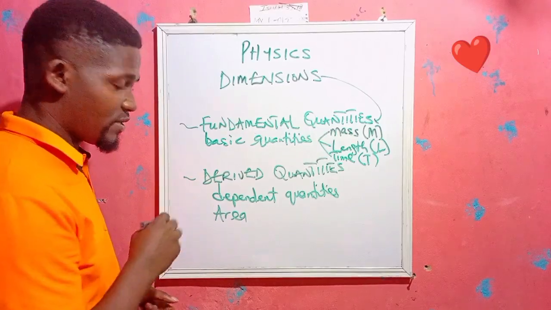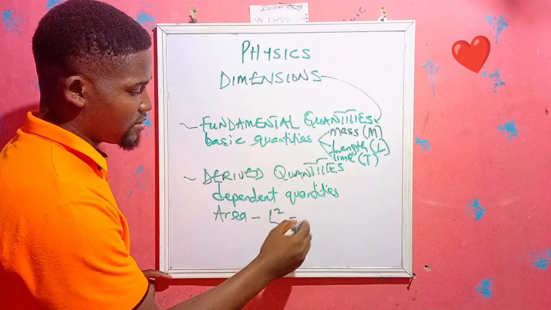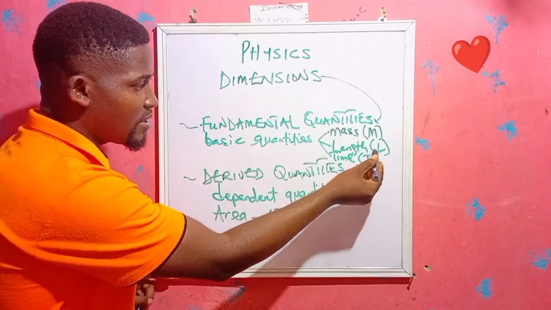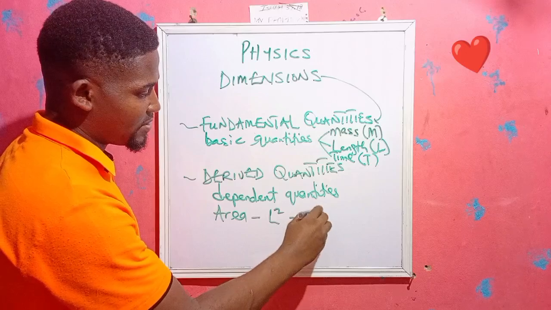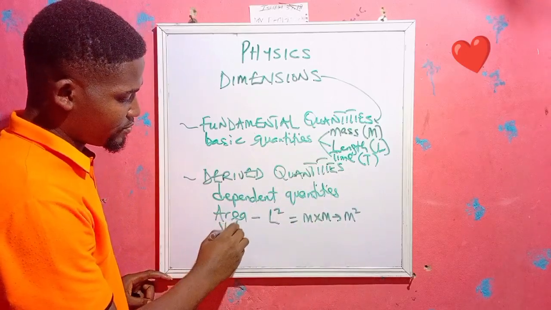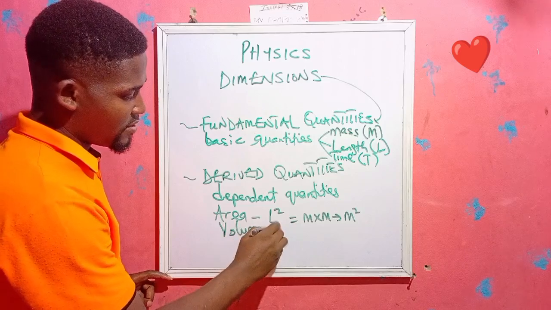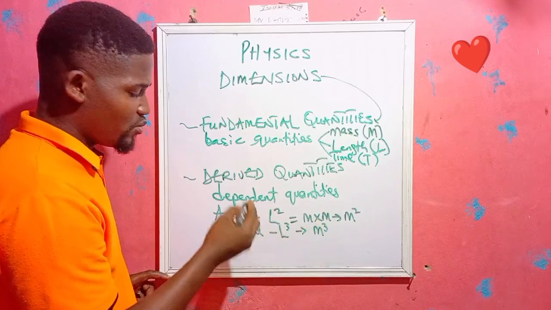So we have area. Area is length squared. If we take the meter for length, that will be m times m. So the unit for area will become m squared, and the dimension L squared. We have volume the same way, which will be m cubed. We have many others.